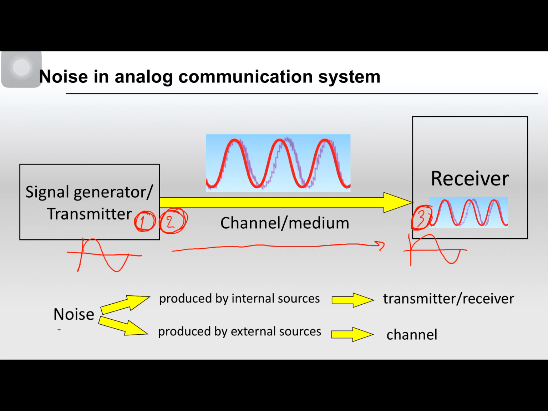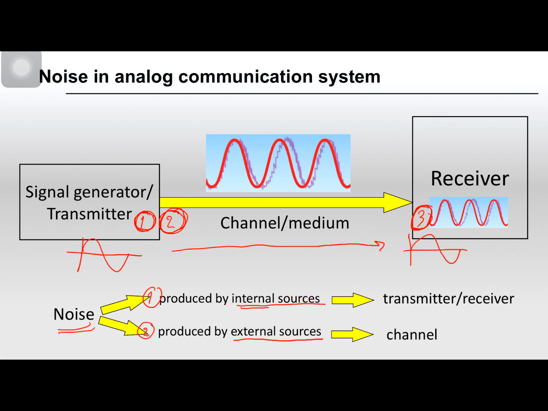But there are two main types of the noise. The first type of the noise is the noise produced by the internal source, and the second one is the noise produced by the external source.